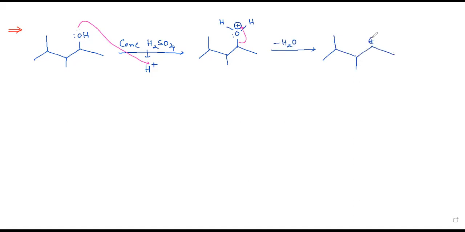You get a positive charge here. See, this is a 2-degree carbocation. See, whenever a carbocation is the intermediate, we know that rearrangements are possible.